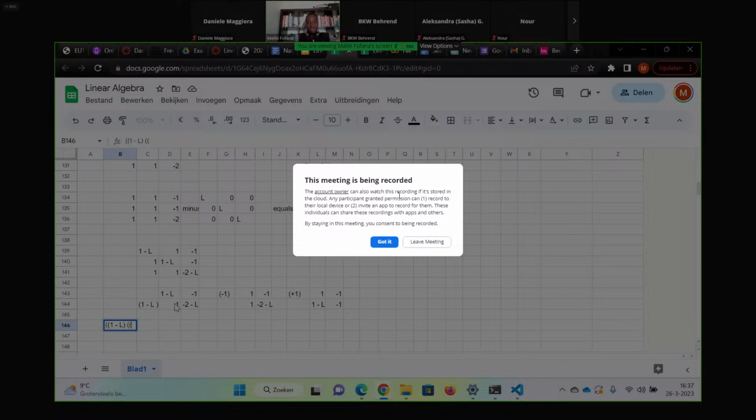So what I'm going to do, I'm going to say, in that case, I would take 1 minus lambda multiplied by minus 2 minus lambda, right?